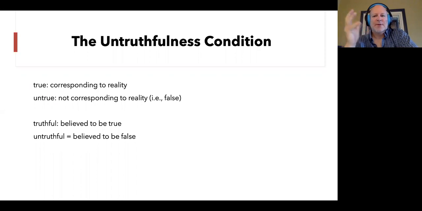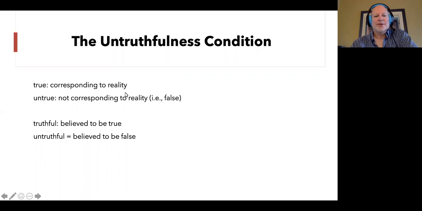So the difference between these two distinctions is that true and untrue have to do with whether or not the proposition corresponds to reality, which has nothing to do with what the person asserting the proposition believes. Whereas truthful and untruthful has everything to do with what the person asserting the proposition believes, and nothing to do with whether or not the proposition corresponds to reality.